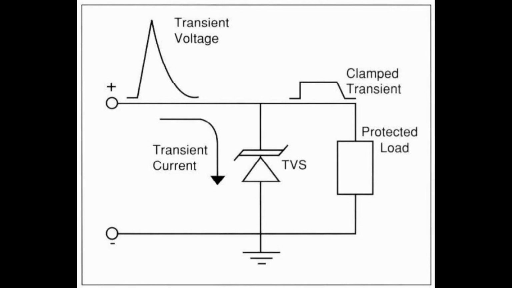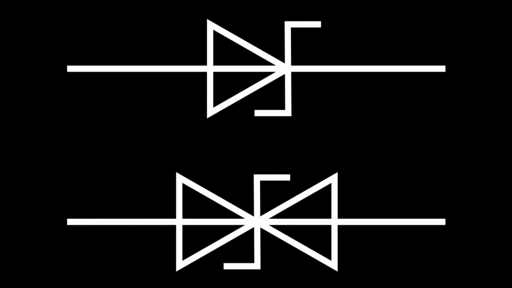Transient voltage suppression diode. A transient voltage suppression diode, or TVS diode, is a type of avalanche diode that protects the circuit from high voltage surges. A TVS diode has a capability of handling high voltage as compared to an avalanche diode. Unidirectional TVS diodes operate similar to avalanche diodes.